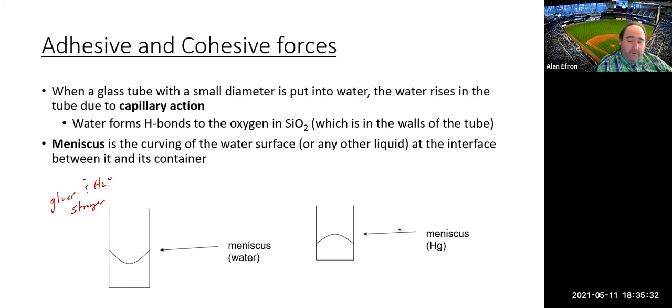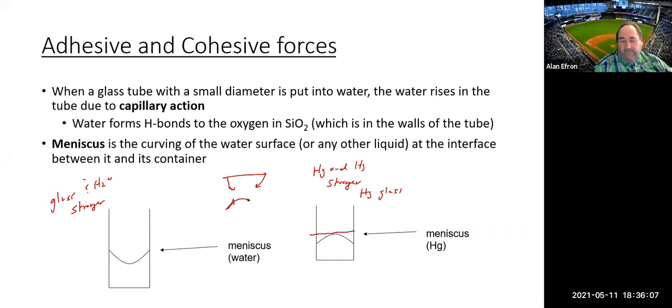In mercury, if you've ever seen the meniscus on mercury, it's actually upside down, and this is where you would take a reading, by the way. That is because with mercury, the attractive forces between mercury and mercury are stronger than the attractive forces between mercury and the glass. So the mercury is more attracted to itself, and the outside ends up coming in on itself.